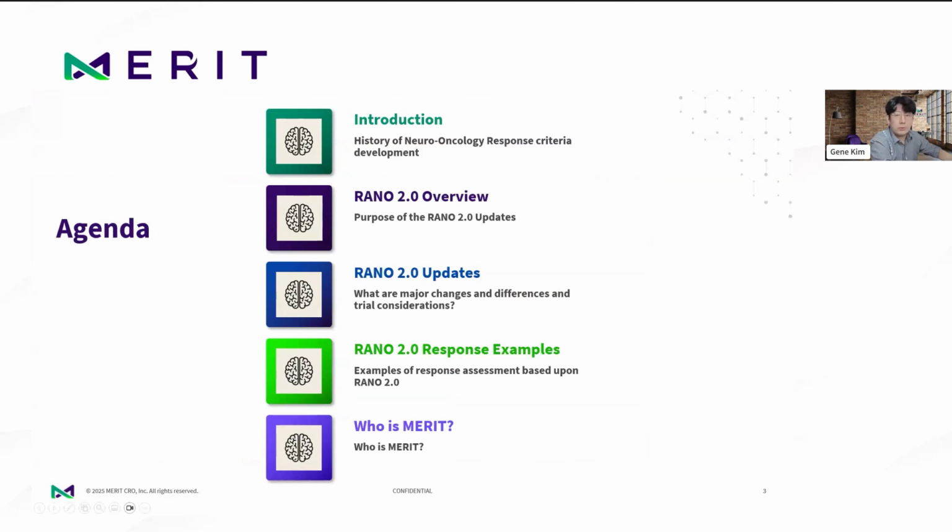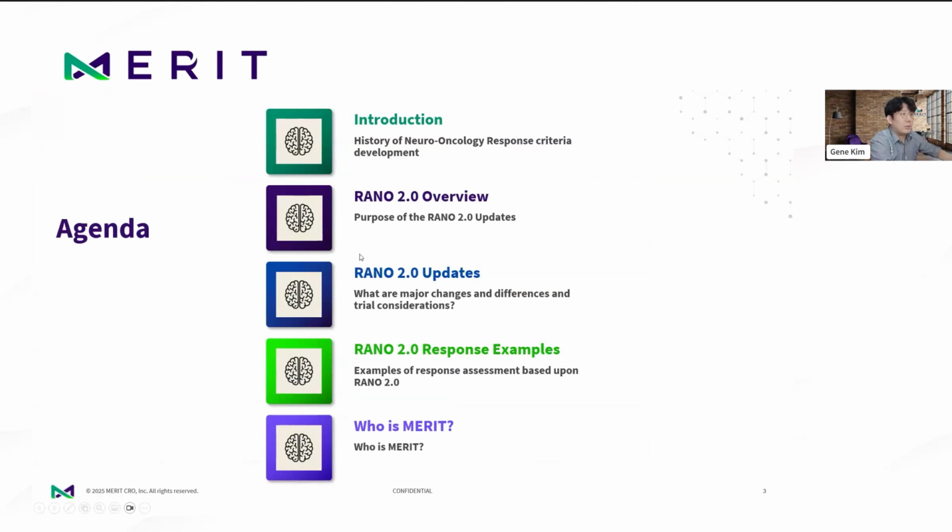We'll be going over a lot of the updates that RANO 2.0 has made after the publication in 2023. We'll go over a brief history of the neuro-oncology response criteria development, from McDonald's criteria up to today's RANO 2.0.